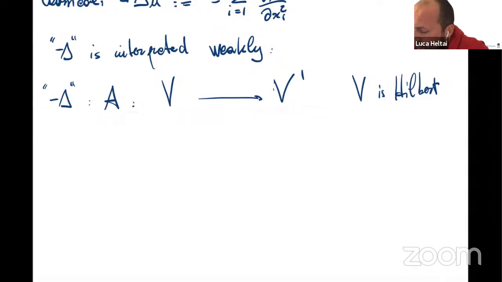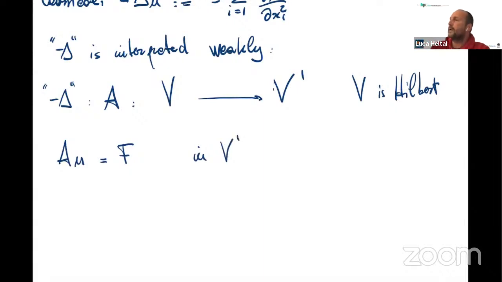So from now on, I write the problem as Au equals F in the space V prime. Now, I hope that this has a meaning for you. If it does, then I can go very quickly. Otherwise, we have to specify what this actually means.